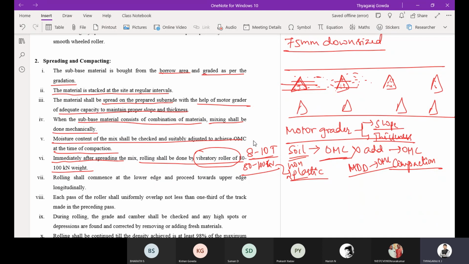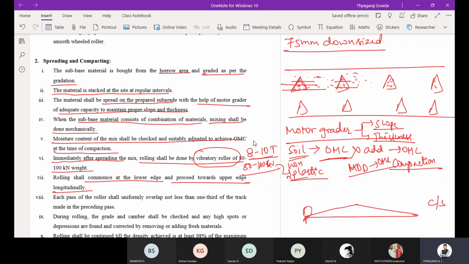Then rolling shall commence at the lower edges and progress towards the upper edge longitudinally. So for example, this is the cross slope, this is the cross section. We have made the required slope and thickness, and rolling always commences from the lower edge.